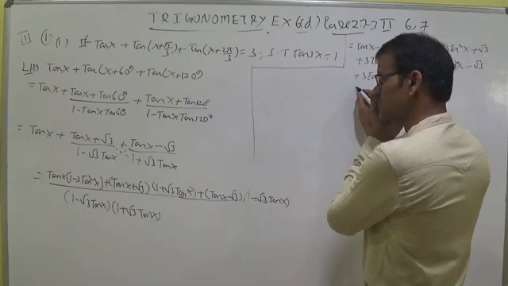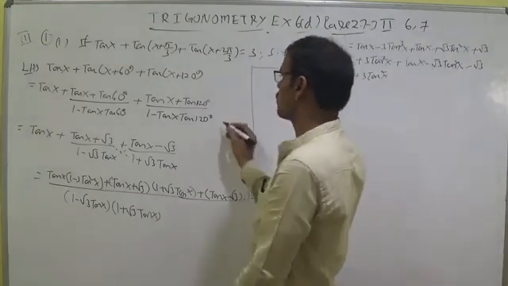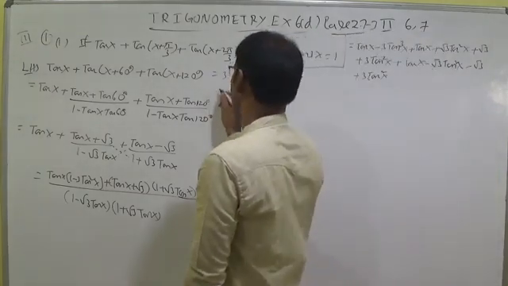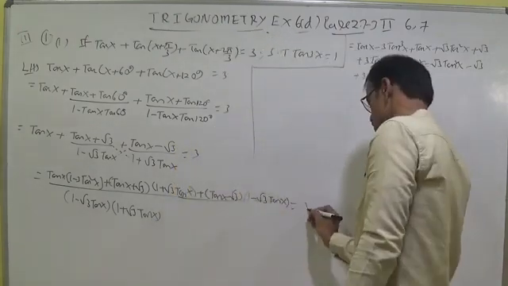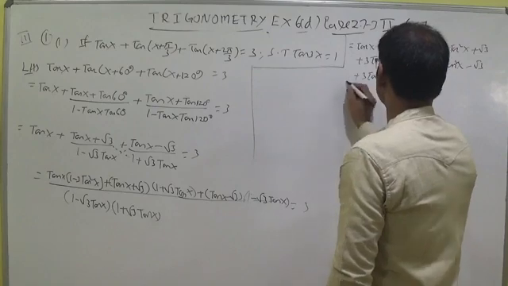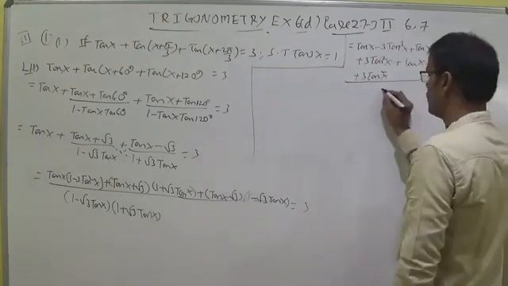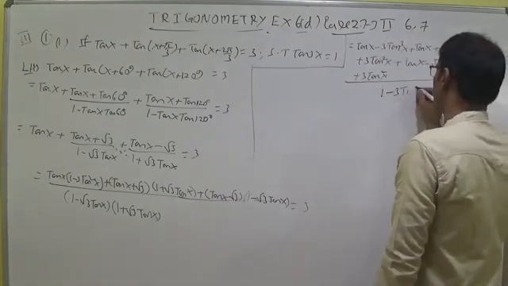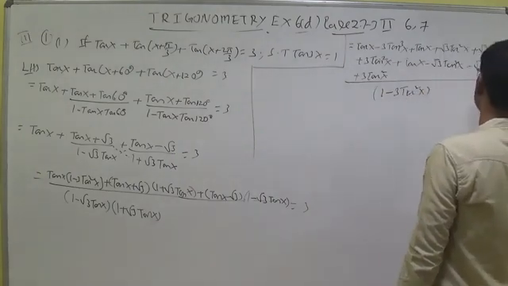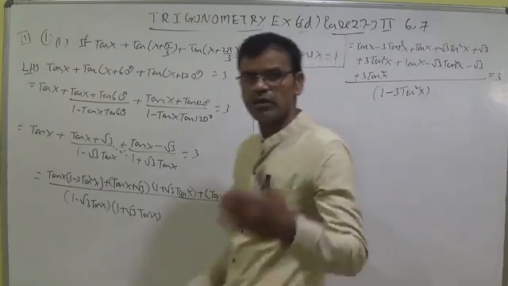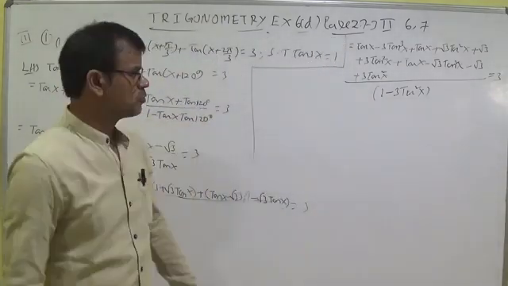Students, this whole value is given as 3, so you should write the whole value as 3. This total is of the form (a plus b) into (a minus b), so it is 1 minus 3 tan square x. The value at last is equal to 3, you should put.